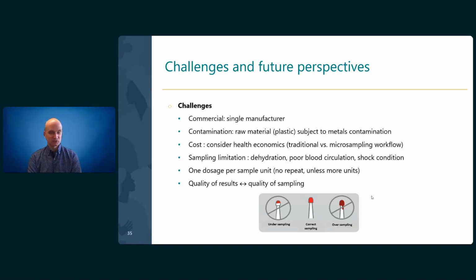Another limitation or challenge for now is the use of the sample units. If you collect only one Mitra VAMS, you cannot repeat the test. So for that reason, you have to collect 2 or more Mitra sample devices.